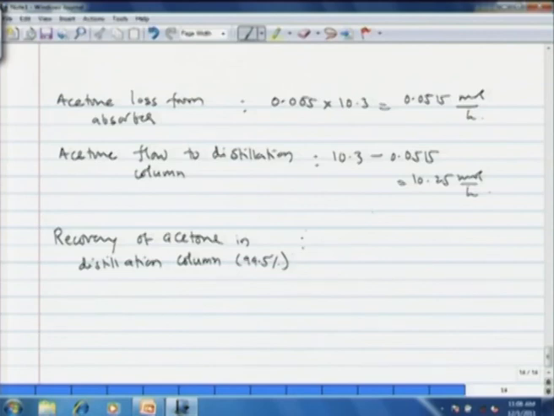And thus the acetone that is recovered as distillate is 10.2 mole per hour.